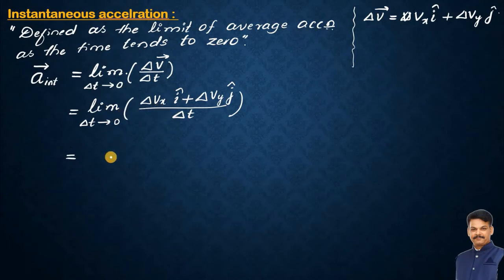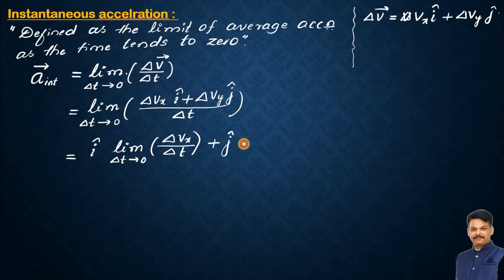Now when we apply the limit to both terms, the unit vector i comes out, then the limit of delta vx by delta t as delta t tends to 0. What about the remaining part, dear students? It is j cap into the limit of delta vy divided by delta t, as delta t tends to 0.